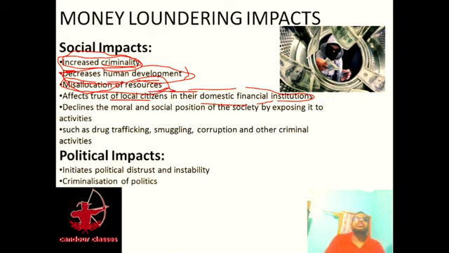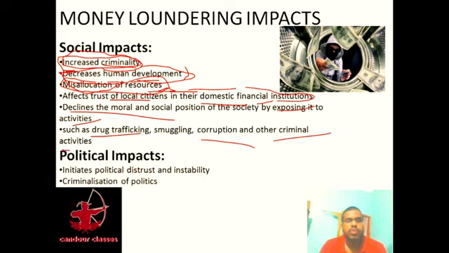So common citizens cannot trust the same bank again. Okay, then declines the moral and social position of the society by exposing it to activities such as drug trafficking, smuggling, corruption and other criminal activities will be increased.